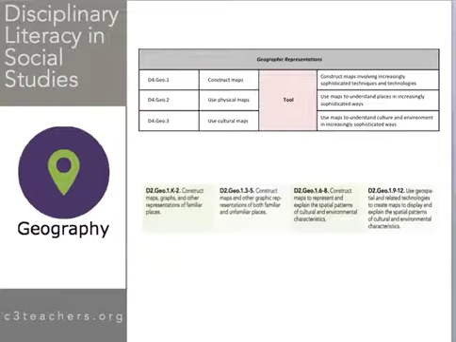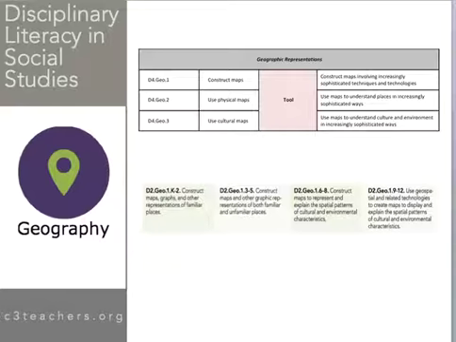The first of these skills or tools, as we say in the C3 framework, is simply the ability to construct maps, but doing so in increasingly sophisticated ways, using techniques and technologies that require students to be more skilled in their work in making and using maps.